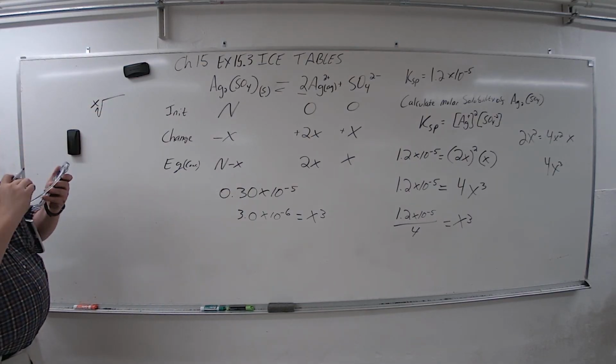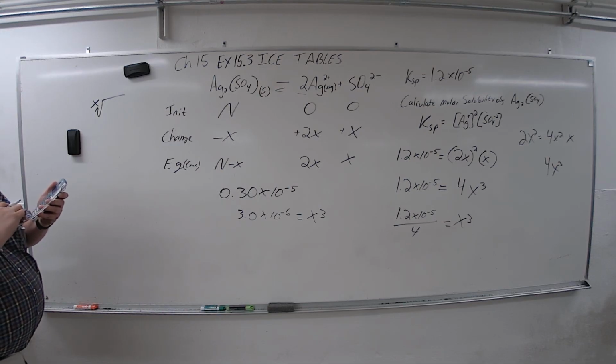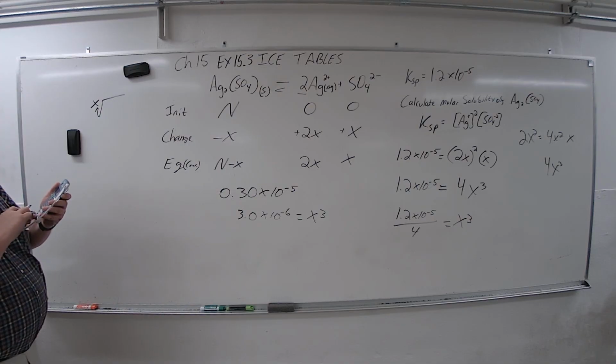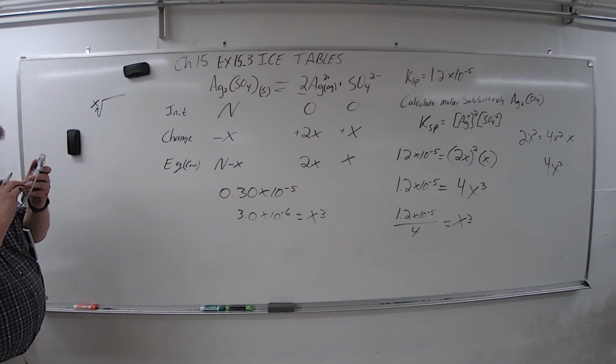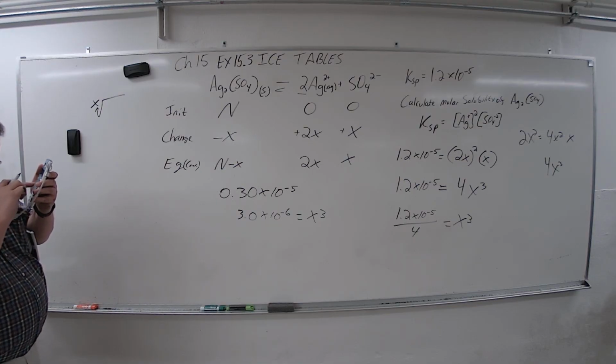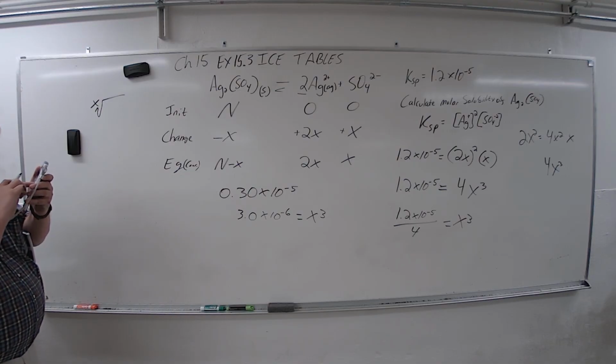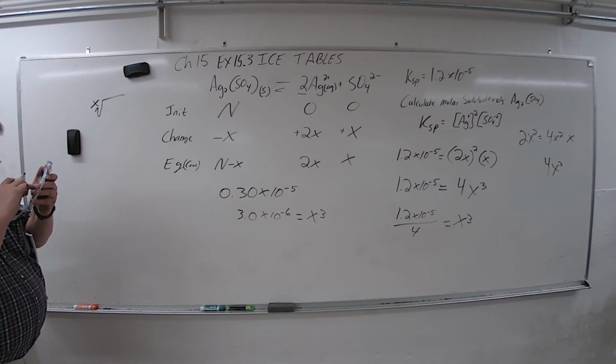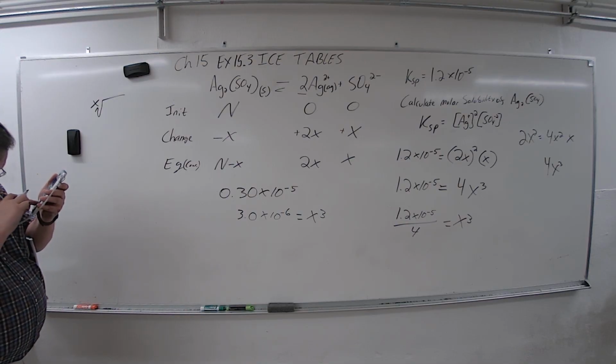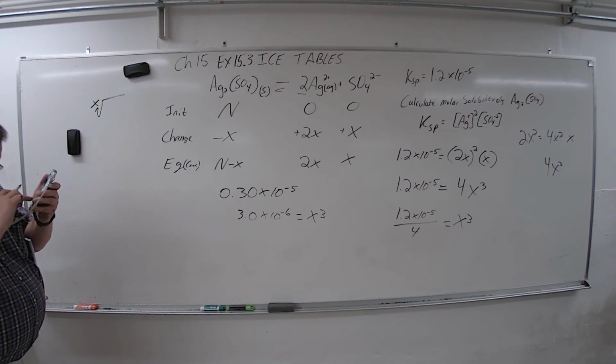Then I put in, I can't do this my way, so I've got to use these. 3.0 times 10 to the sixth.